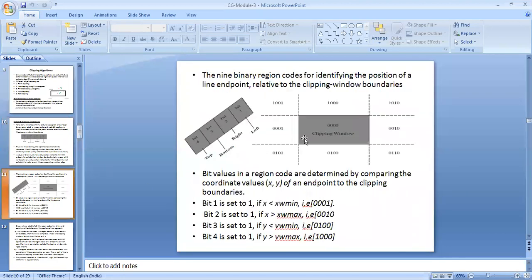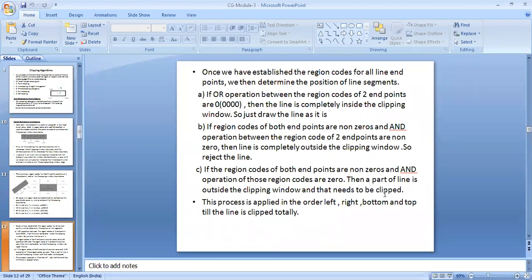The same thing: bit 1 is set if x is less than x min. Everything is the same. What we do for deciding whether the line is completely inside, completely outside, or part of the line needs to be clipped is the same thing we discussed.